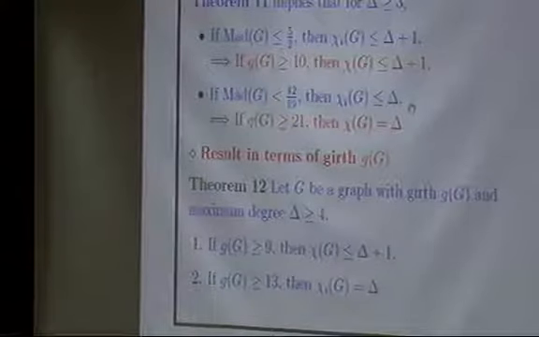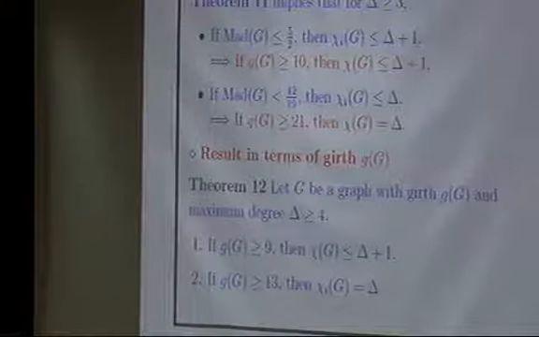But we have some small restriction, but it may not be small. It's a big restriction. I mean, in this case, delta is at least 4.